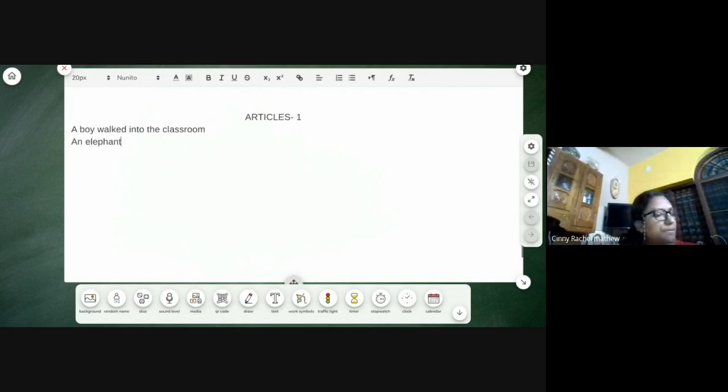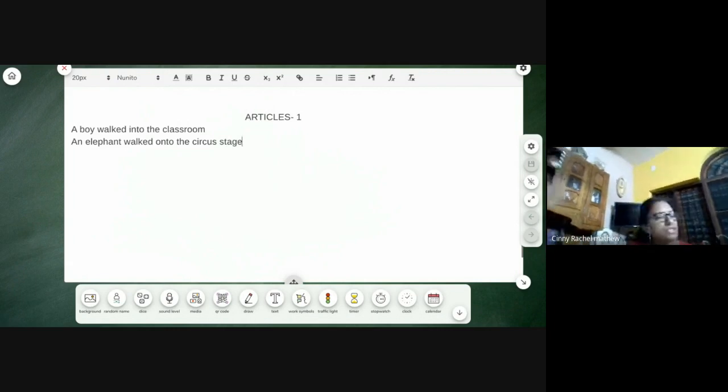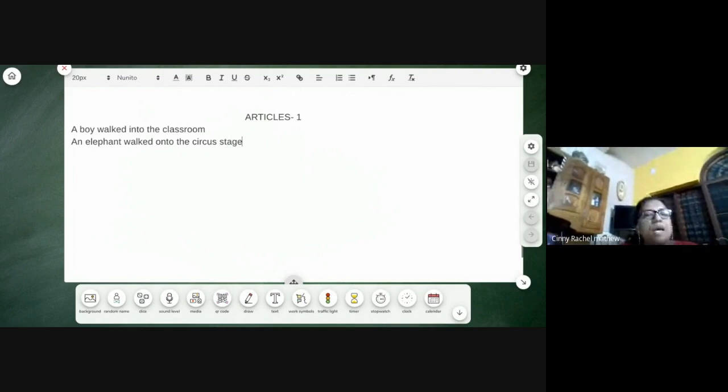An elephant walked onto the circus stage. So these are two sentences for you. A boy walked into the classroom and an elephant walked onto the circus stage.